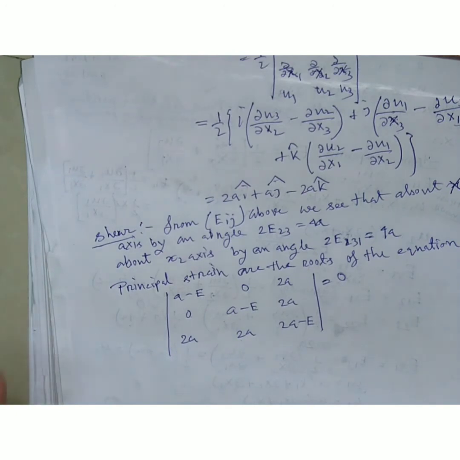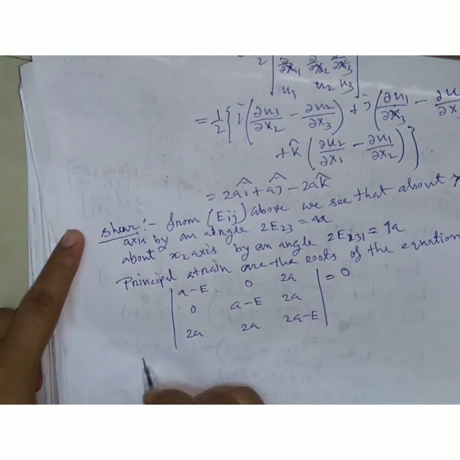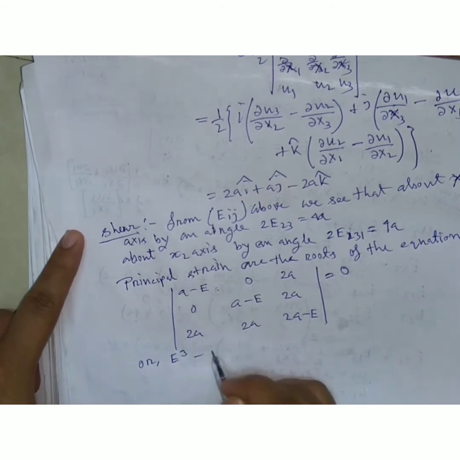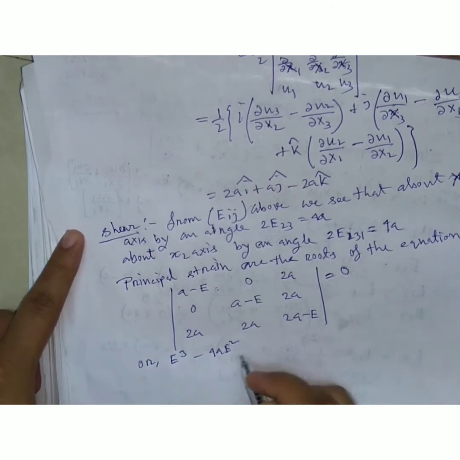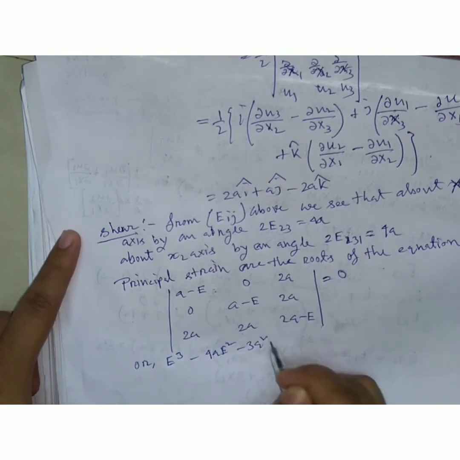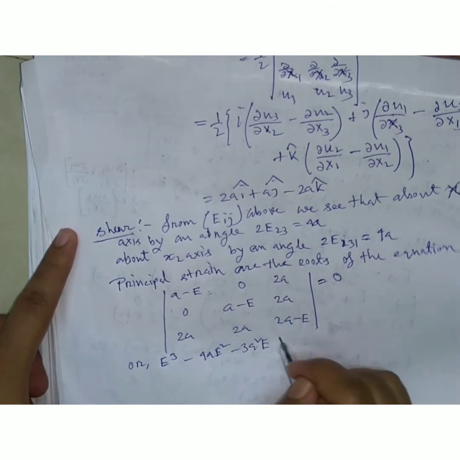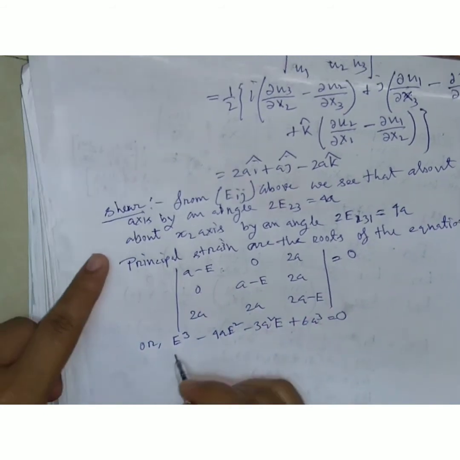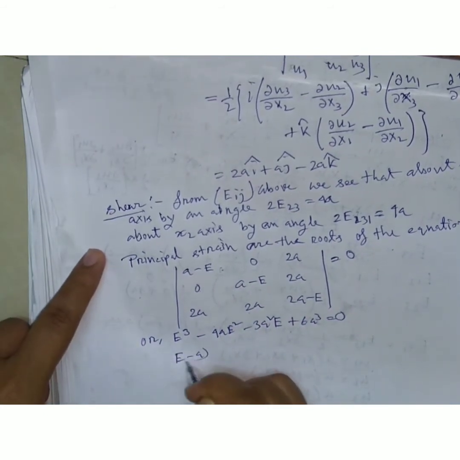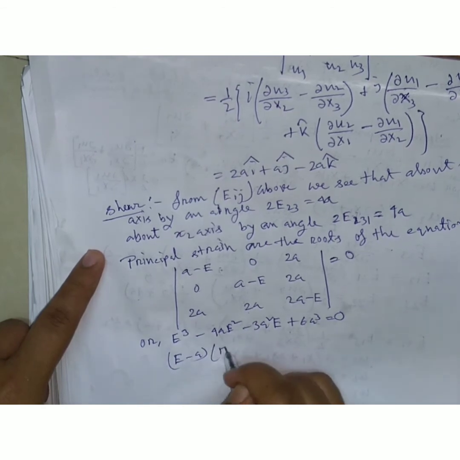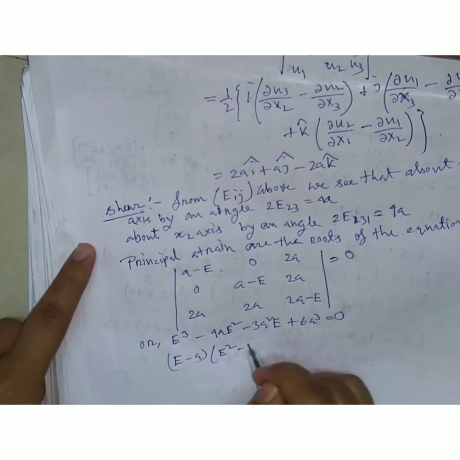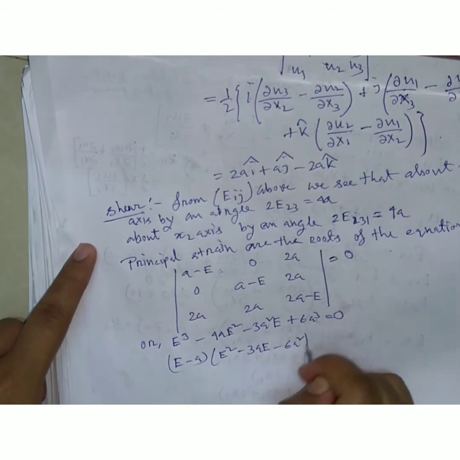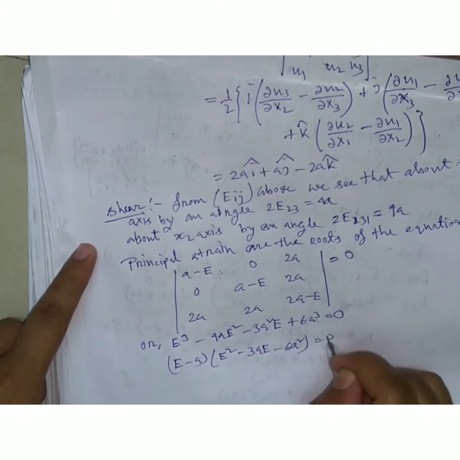So friends, this determinant gives e cubed minus 4a squared minus 3a squared e plus 6a cubed equal to 0. So e minus a and e squared minus 3ae minus 6a squared is equal to 0.